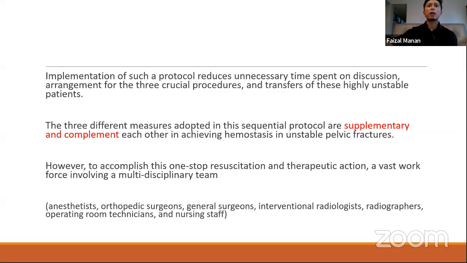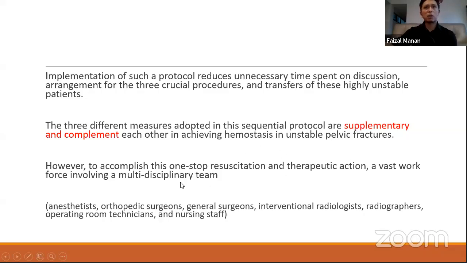And with this 3-in-1 protocol, if it can be utilized in the future, maybe something can go down that line. So the 3 different measures adopted in the sequential protocol are supplementary and complement each other, to achieve hemostasis in unstable pelvic fracture.